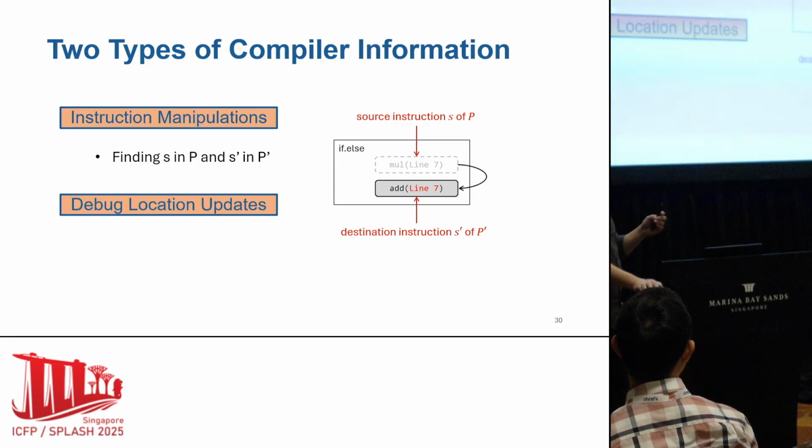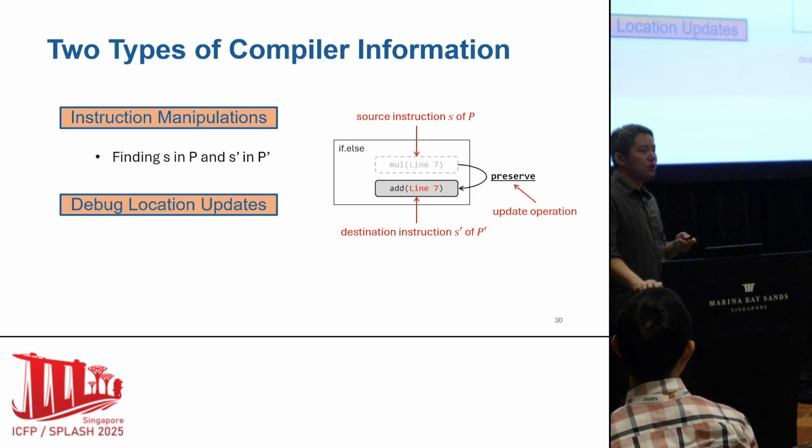The second piece of information is that we introduce a new instruction to your program, so we need to update the debugger information as well. In this case, this new instruction should preserve the original debugger information of your old instruction. This option is called preserve, and according to the LLVM's documentation, we have three types of update operations: preserve, drop, and merge.